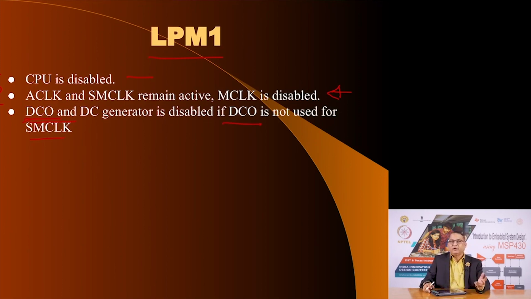As you know, SMCLK can derive the clock from the DCO as well as the VLO and the low frequency crystal oscillator. If you have chosen the SMCLK not to be sourced from the DCO, then the oscillator, as well as the DC bias generator for the DC oscillator, are disabled, and this saves you power.